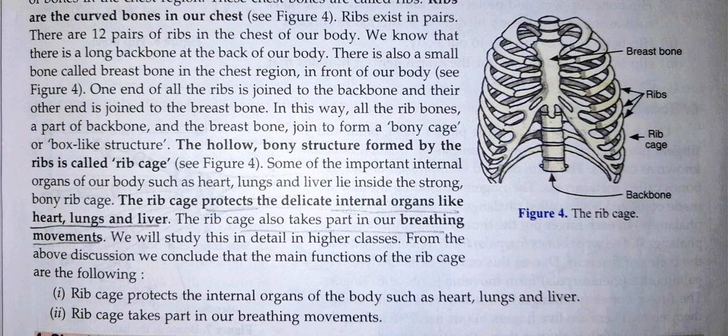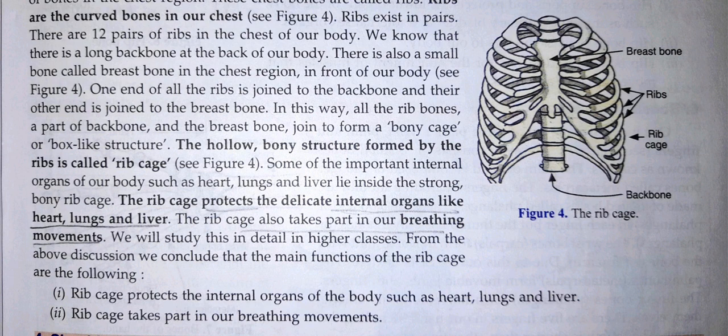So students, today we discussed three parts: skull, backbone and rib cage. And in today's prep you have to write about the skeleton. What is a skeleton? With the help of the previously uploaded video on the skeleton: the bony framework. Again I am repeating in case you forgot.